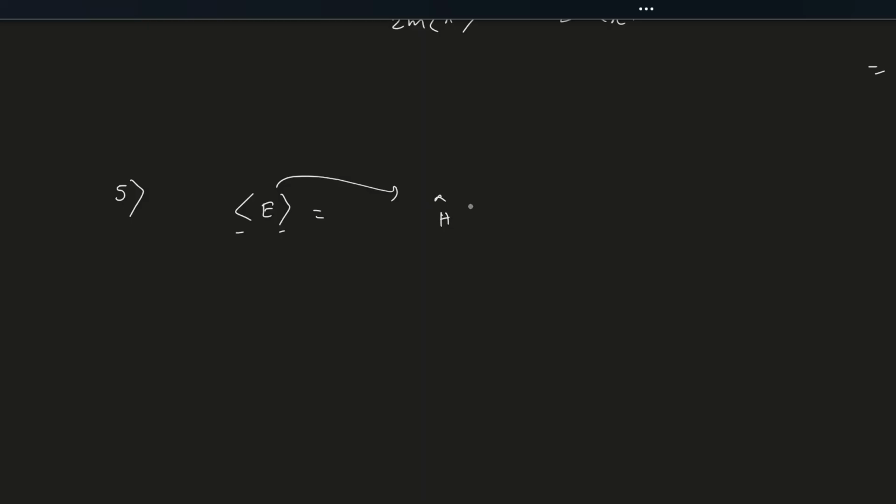So the Hamiltonian operator gives you the eigenvalue as energy. That means the corresponding operator to find energy in quantum mechanics is H cap, or Hamiltonian. So that operator has to operate on the given wave function psi for this particle, and then it has to be sandwiched with another psi like this. This is the bracket notation.